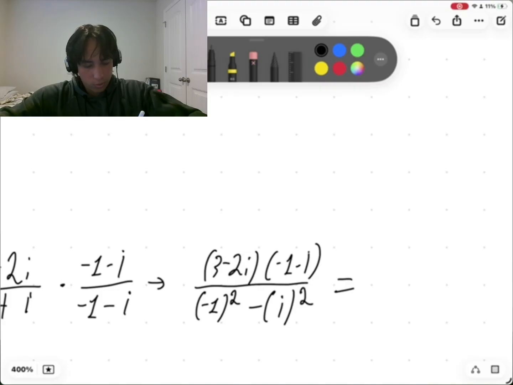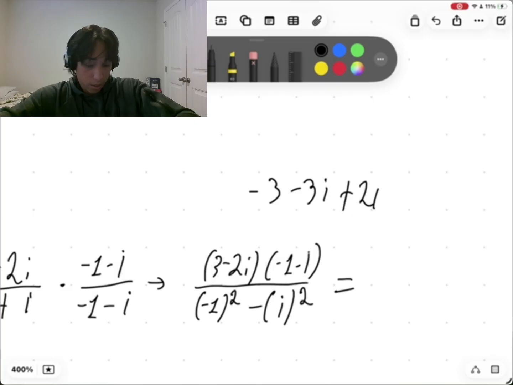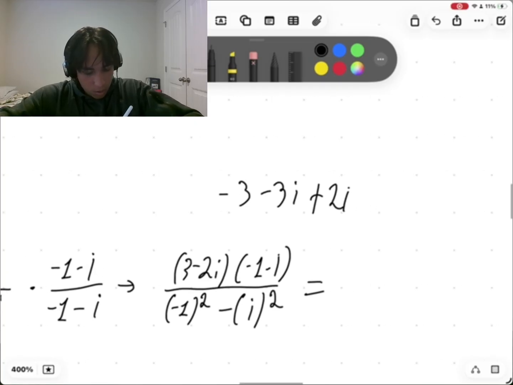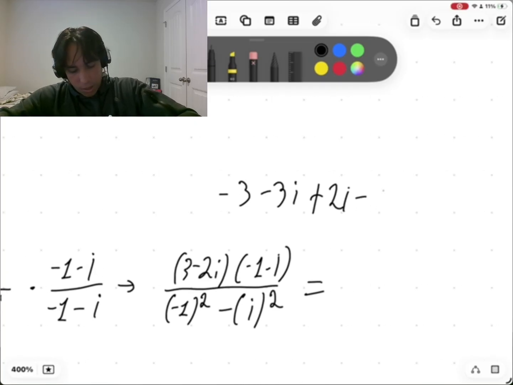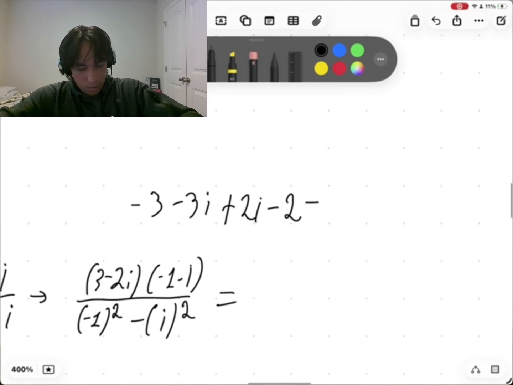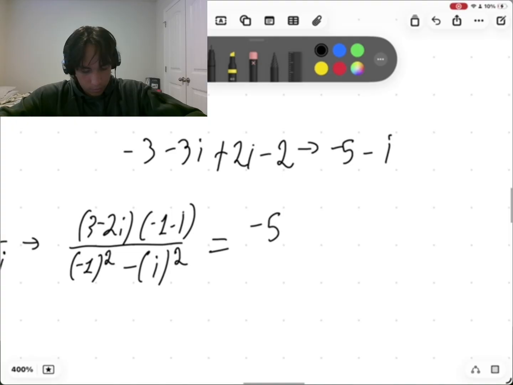So we do FOIL, it's -3 minus 3i plus 2i minus 2. So this becomes -5 minus i.